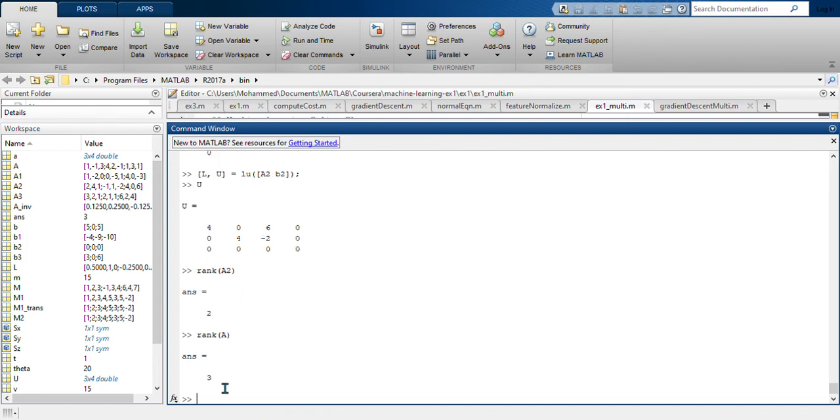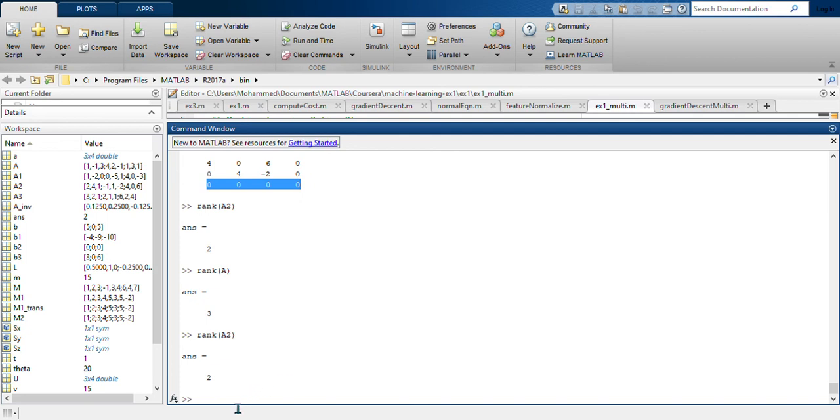So we had three variables and the rank is 3, so we are able to solve and get a unique solution. But in this case of A2, the rank is 2, which is less than 3, the number of variables, so we are not able to solve it. And when we see an entire row containing zeros, that's an indicator that this system of equations has multiple possible solutions.